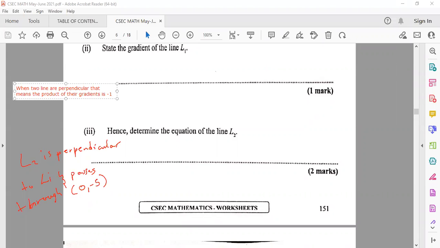Sometimes you might hear about the negative reciprocal. That's a nice visual way of saying it, but it's basically the same thing.